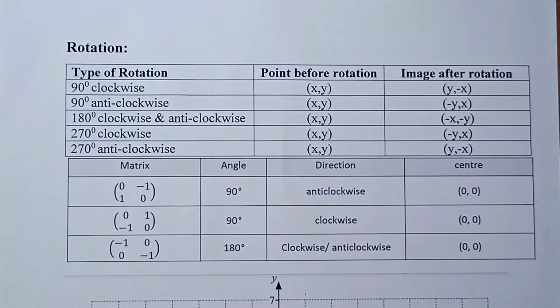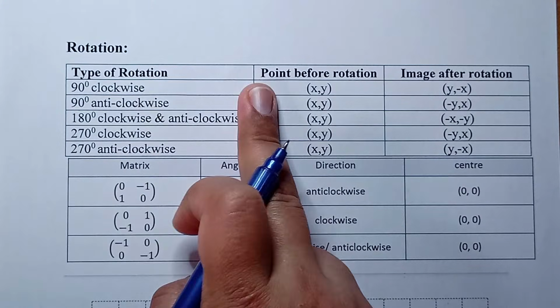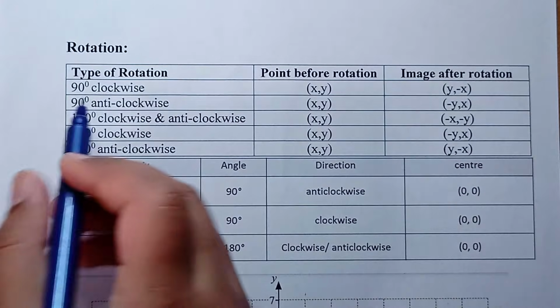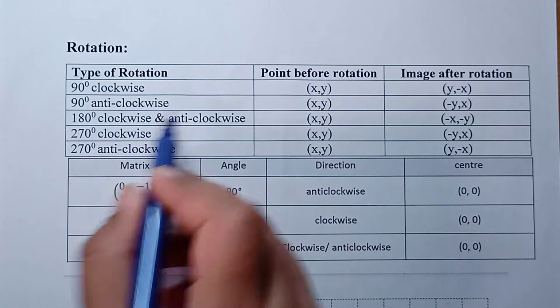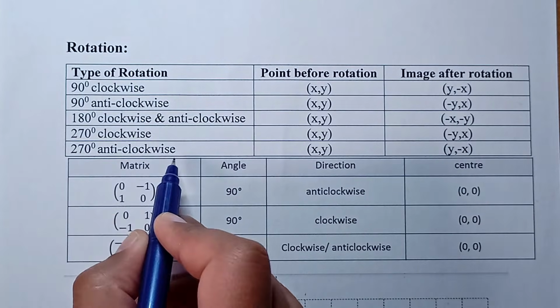The last transformation is rotation. That is the 4th transformation. So I made two blocks. The first tells you about the type of rotation, the point before rotation, and the image point after rotation, when it is 90-degree clockwise or anti-clockwise, 180 clockwise or anti-clockwise, or 270-degree clockwise or anti-clockwise.